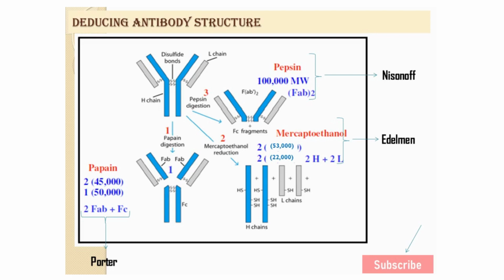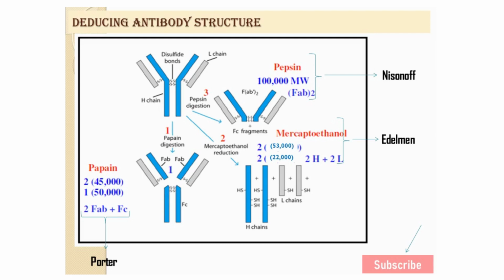In parallel with Porter, at about the same time, Edelman discovered that when gamma globulin was extensively reduced by treatment with mercaptoethanol, the molecule fell apart into 4 chains, 2 identical chains with a molecular weight of about 53,000 Daltons each and 2 others of about 22,000 Dalton each.